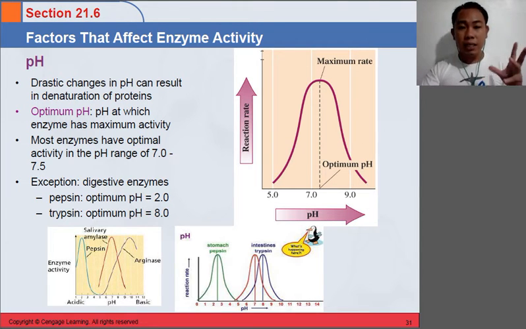So this illustration provides us an understanding of how pH really works in the activity of the enzyme.